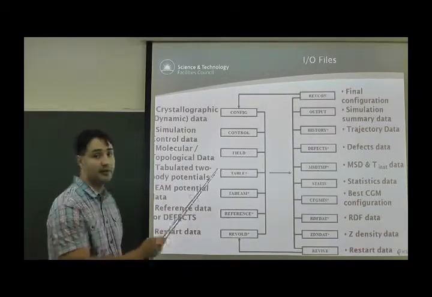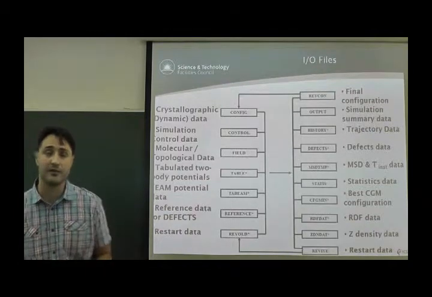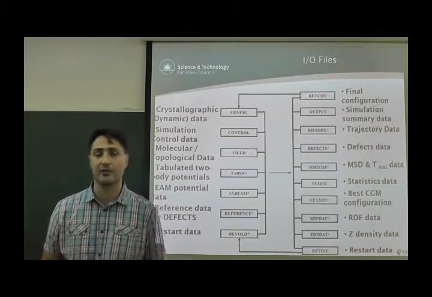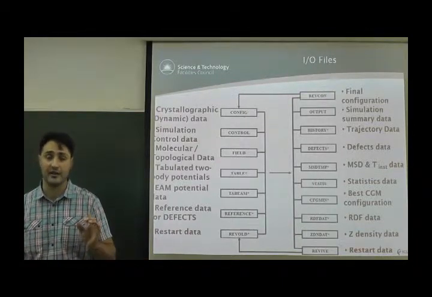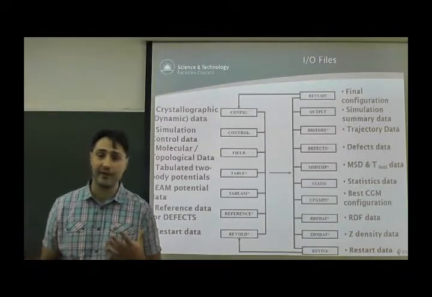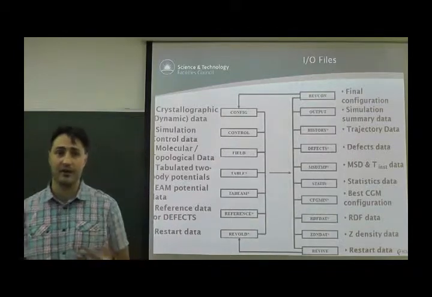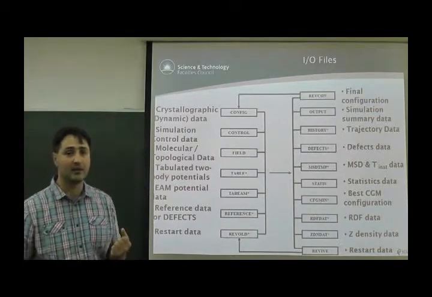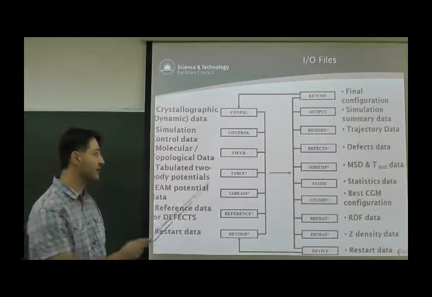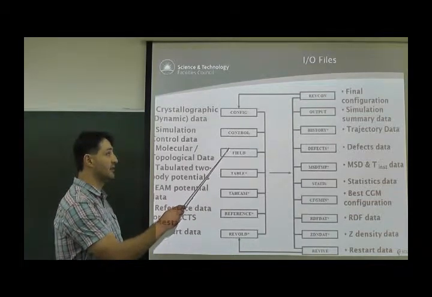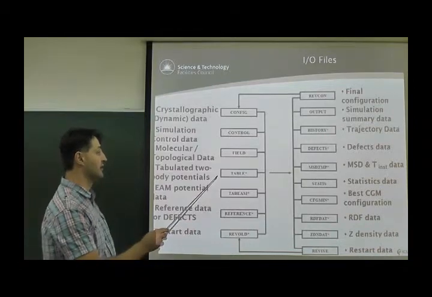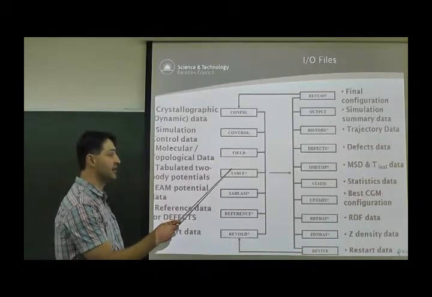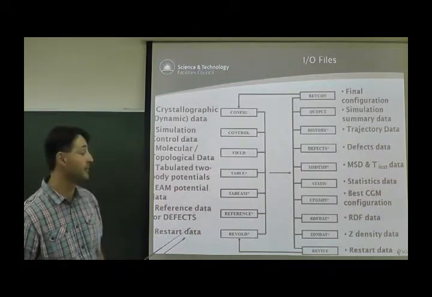So if the potential forms are not available within DL Poly for two-body interactions, or the interactions themselves can't be fitted to a potential form, this can be put in a tabulated form in the TABLE file, and in FIELD there'll be a hint given that certain interaction should be read in the TABLE file.